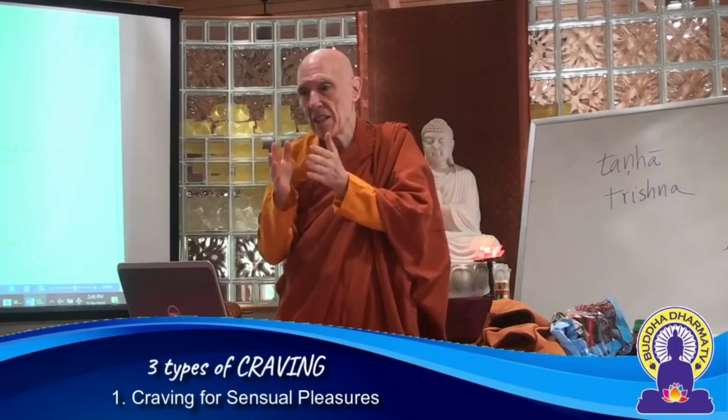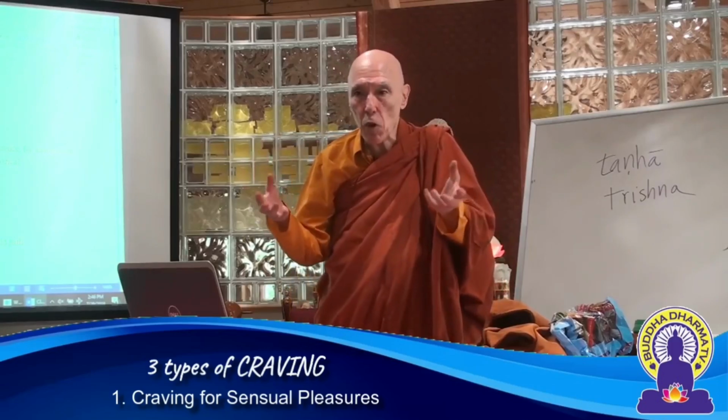One is the craving for sensual pleasures, pleasures through the eye, ear, nose, tongue, and body: beautiful forms, delightful sounds, fragrant odors, delicious tastes, pleasant bodily sensations, entertaining and stimulating mental ideas to stimulate the mind. So that is the craving for sensual pleasures.